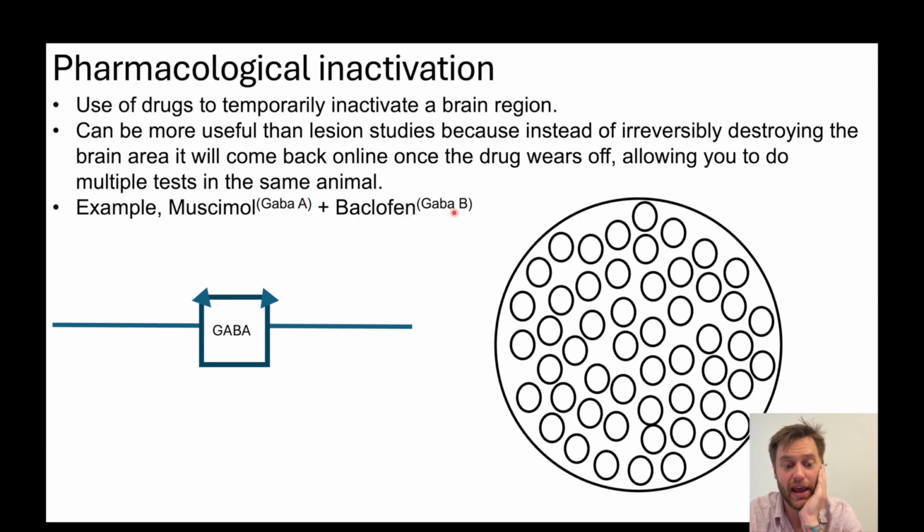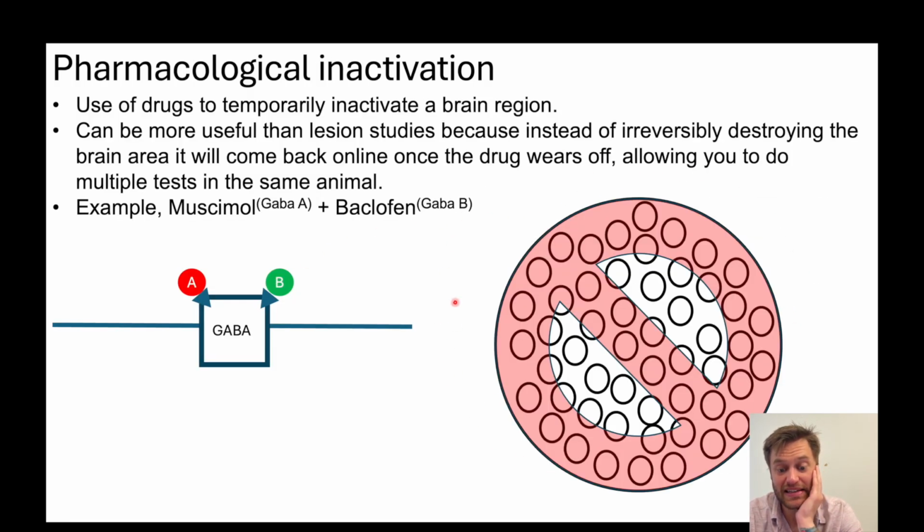These are GABA A and GABA B agonists, respectively, and they bind to the GABA A receptor and the GABA B receptor, and essentially what that does is it inhibits activity in that entire brain region. So if you remember, GABA is the main inhibitory neurotransmitter in the brain. So if you activate a bunch of GABA receptors in a particular area of the brain, there's going to be a lot of inhibition, which means that area of the brain is going to stop working.